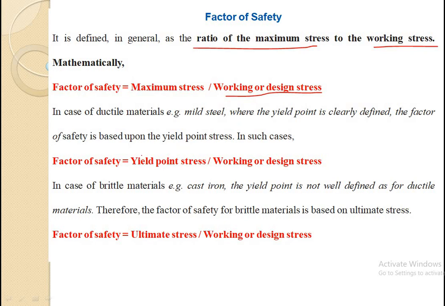So for this, we have to consider the yield point stress as the design stress for ductile materials. This is our safe stress, that is the design stress. Regarding the ductile material, the factor of safety in general is defined as the maximum stress divided by the design stress. In case of a ductile material, the maximum value of stress considered for designing any element is the yield point stress.